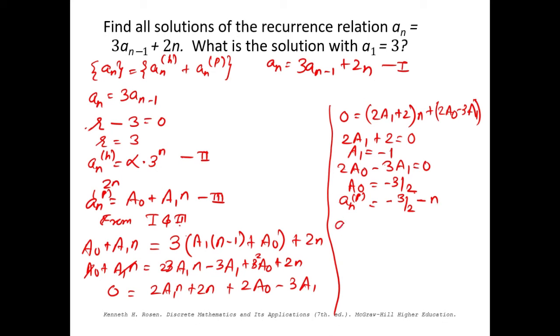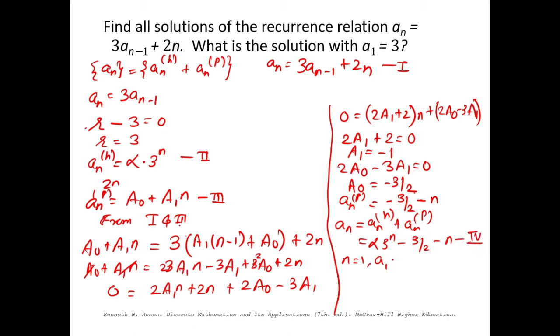So the total solution is equal to the sum of the homogeneous solution plus the particular solution. So this is equal to alpha 3 raised to n - 3/2 - n. Let's say this is equation 4. Now we have the initial condition a1 = 3 at n equal to 1.